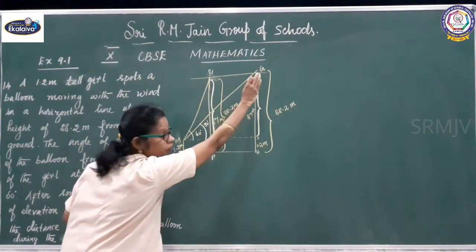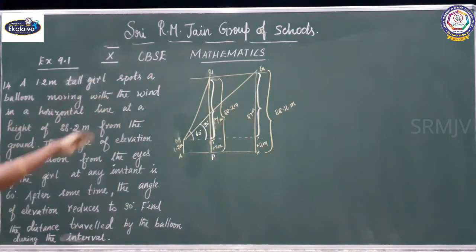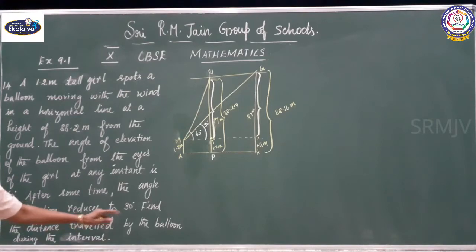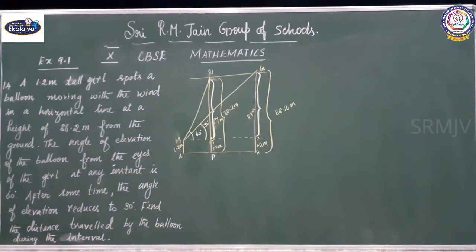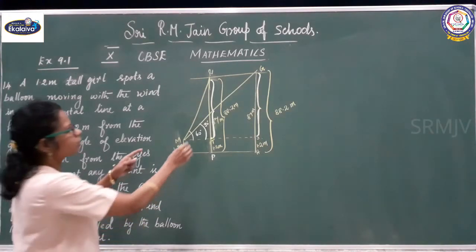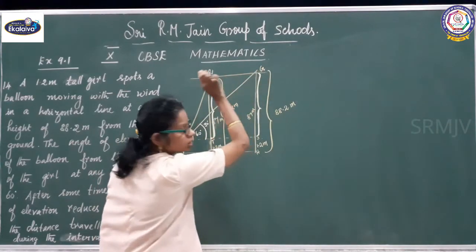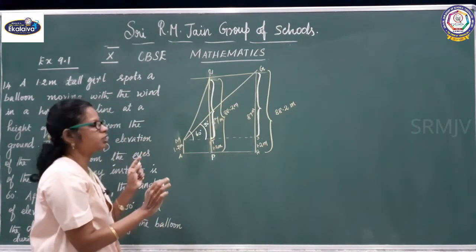After some time the balloon is moved away from that point, G. Reduced to 30 degree. Find the distance travelled by the balloon during the interval. Right? They are asking what is RG, the distance between RG. Right?